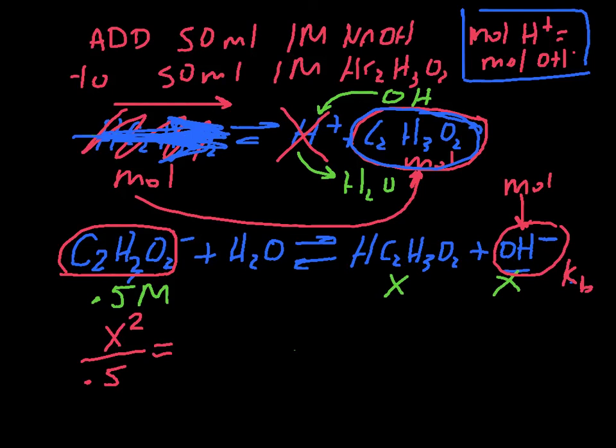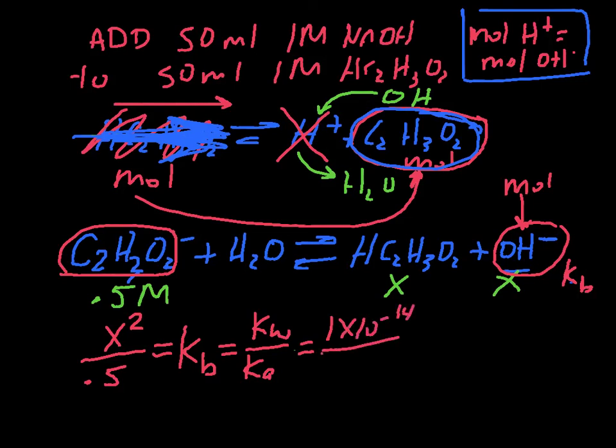Well, it's easy to do because Kb for this reaction is going to be equal to Kw divided by the Ka that I used when the acetic acid was acting as an acid. So that means it's going to be 1 times 10 to the negative 14th divided by 1.8 times 10 to the negative 5th.